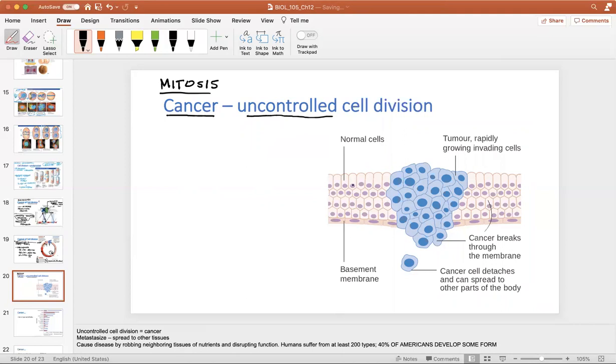And what happens is, like in this example, I'm going to say that this is maybe an intestinal cancer because this looks like sort of an intestinal setup. These are all normal, healthy cells that we have here in pink. These cells in blue are tumor cells. And tumor cells are any rapidly growing cells that take over, and they grow so fast that one of the things you notice about tumor cells is that they are something called undifferentiated.